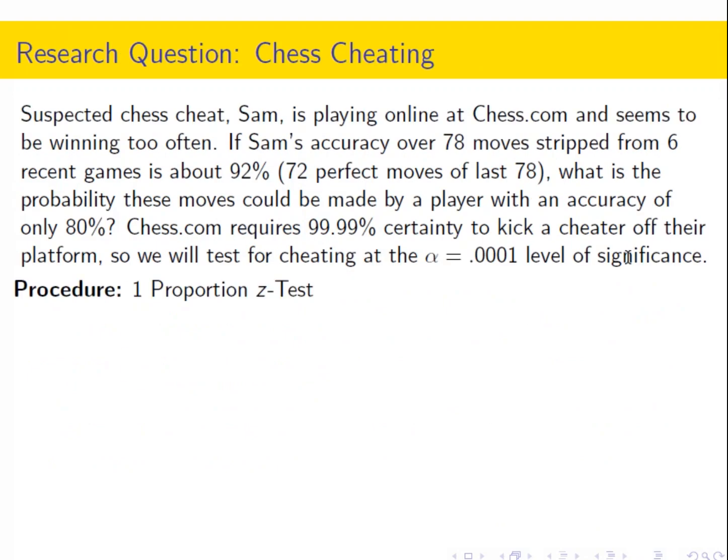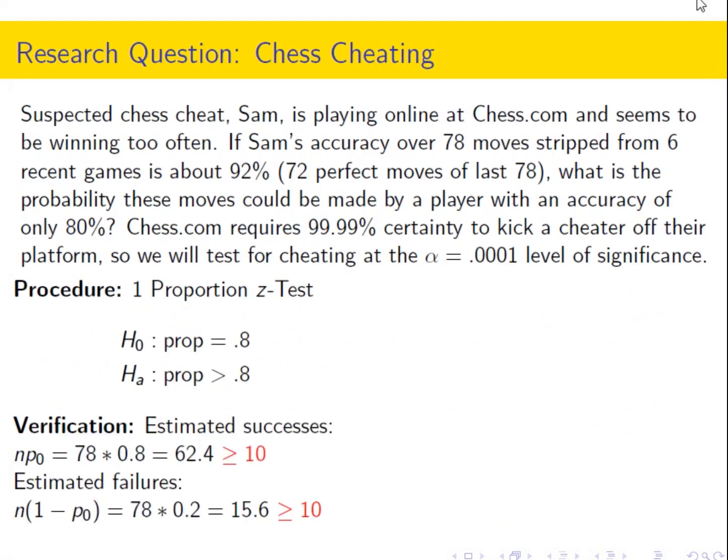So let's jump back here, and you'll see what I'm talking about. All right, the sample size is 78. P sub 0, that's the population proportion, right? We're assuming that these amateur chess players, giving them all the benefit of the doubt, couldn't be any higher than 0.8. So we're using 80% as our P sub 0, our population proportion that we're comparing against, right?